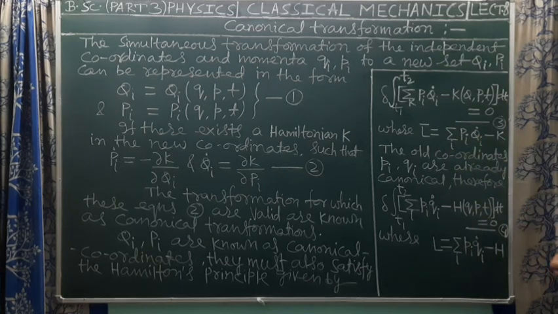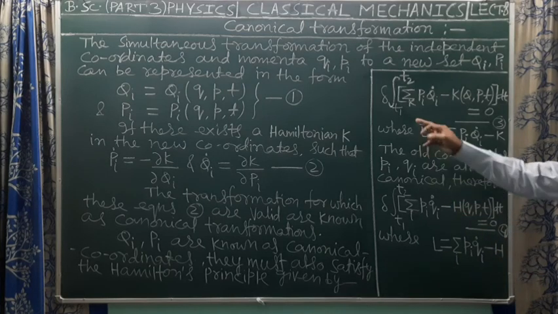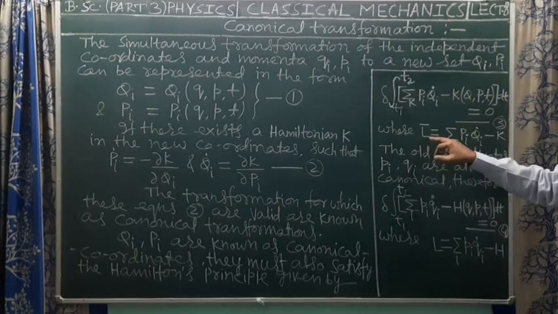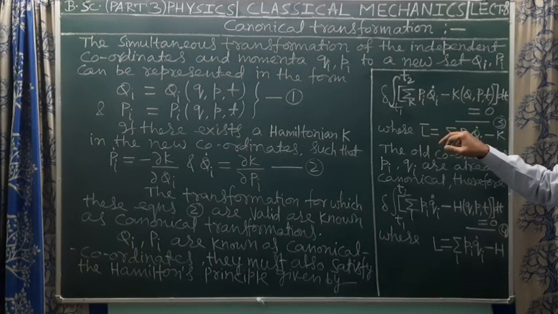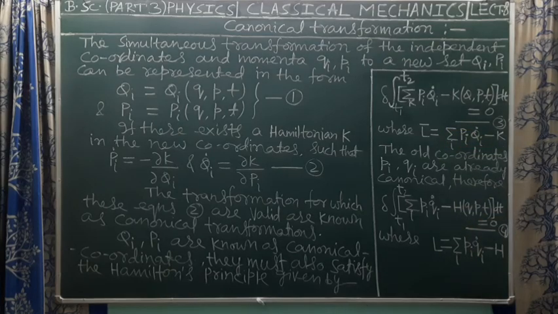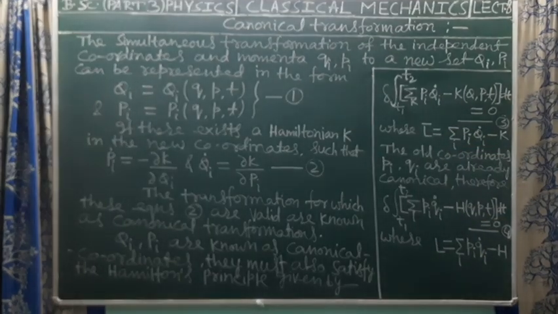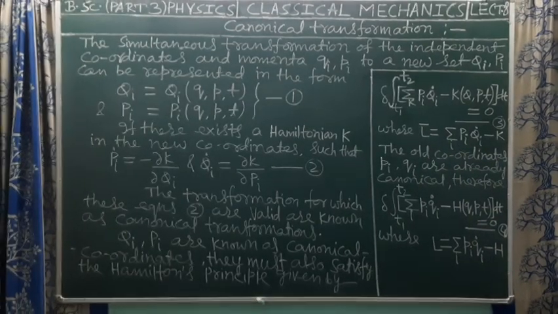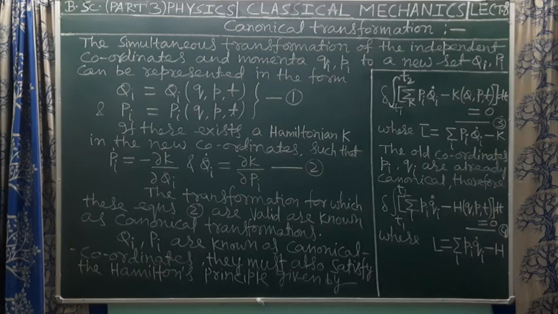So in Hamilton's principle, delta integral T1 to T2 L dt equals 0, here L is replaced by L bar, the Lagrangian function in the new coordinate system. We know that the Lagrangian L equals sigma over k pk qk dot minus H, where H is the Hamiltonian in the old coordinate system.